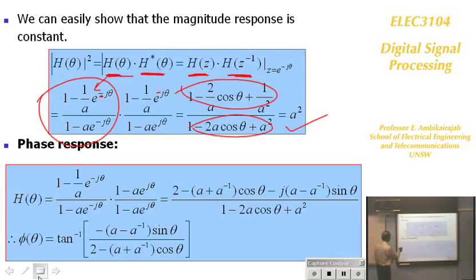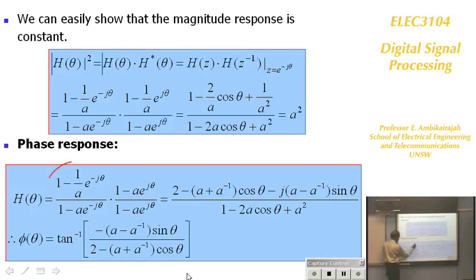And if you want to get the phase response, then you multiply these out and then work out your phase. This is your first filter, this is your second one. Well, it's not the second one. What you need to do for the phase response is write the transfer function for the first one and multiply by the complex conjugate.